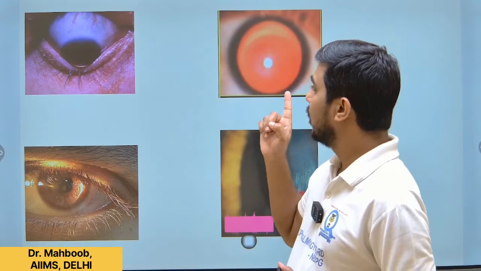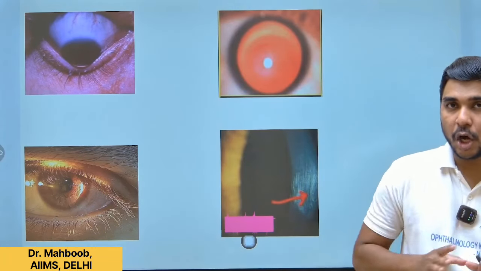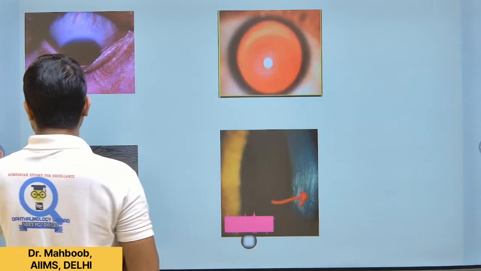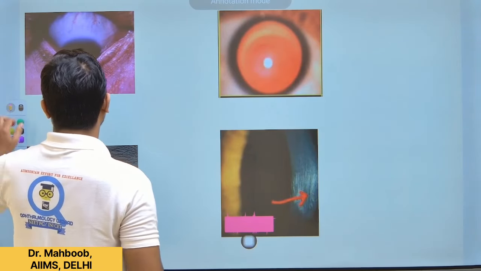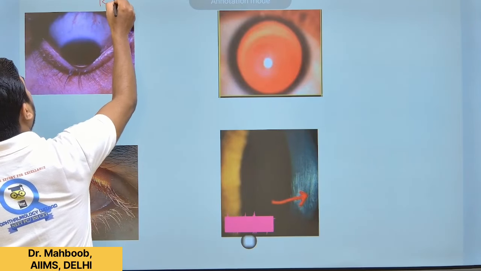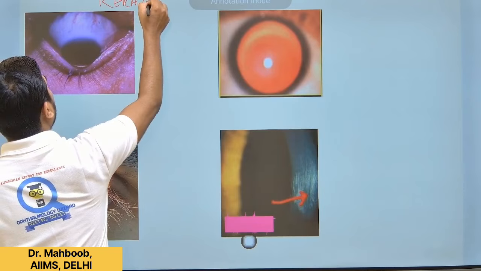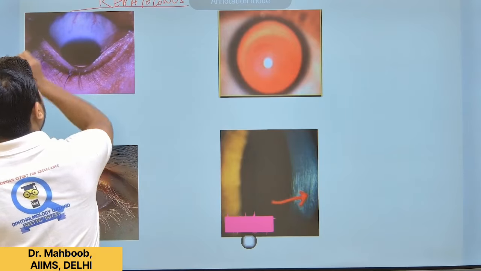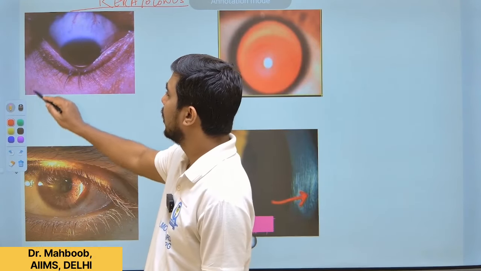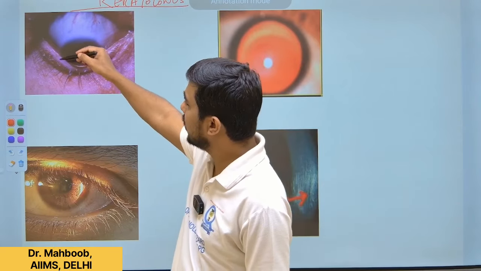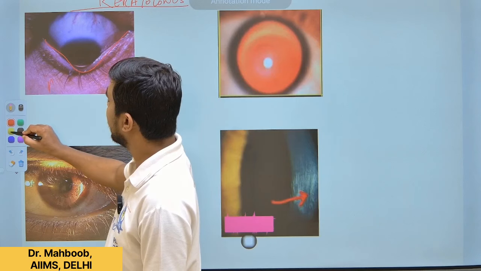Now coming to the important signs of something very important, keratoconus, right? So these are all the signs of keratoconus. The first sign: when the patient is looking downward, there is a V-shaping of the eyelid. This is called Munson sign.